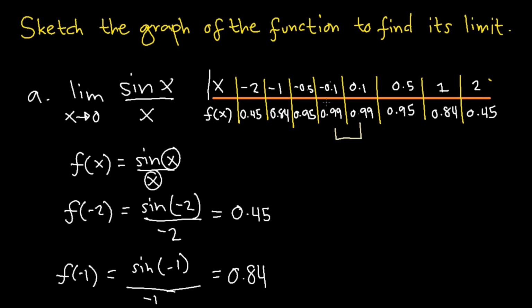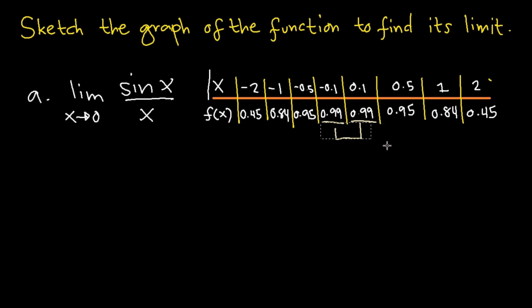Dili nimo dapat i-conclude diretso nga kung negative 0.1 kay 0.99, 0.99 pod sa positive 0.1. So naa na kay value sa imong x and y. By the way, ang f of x is equals to y.